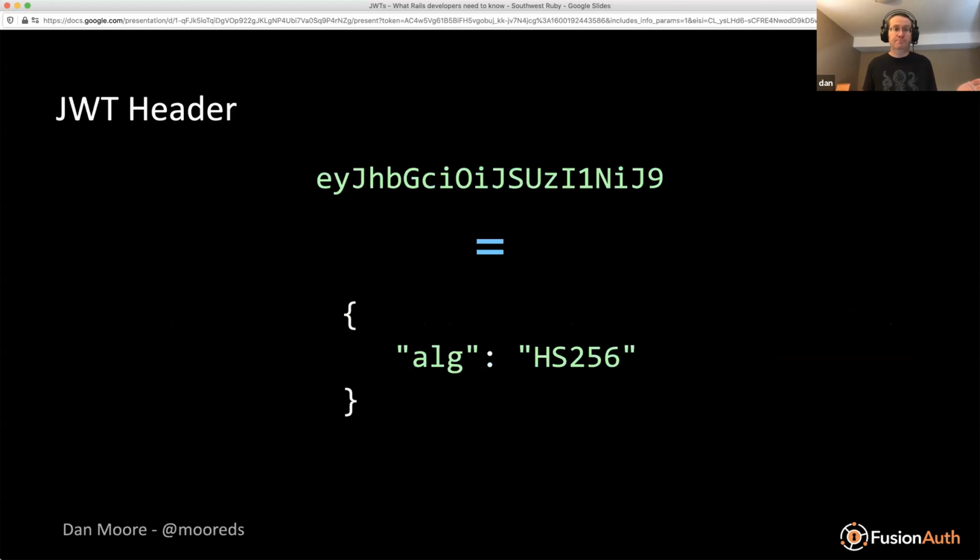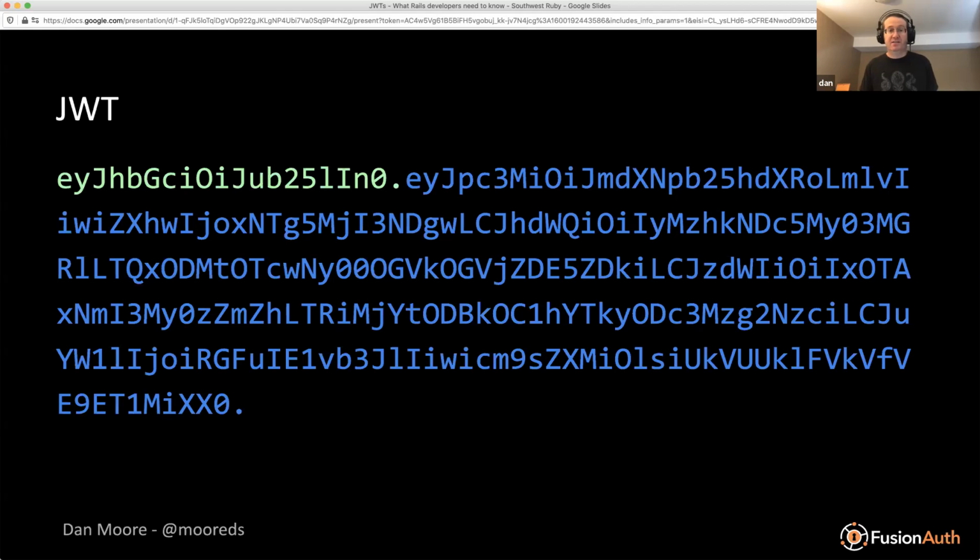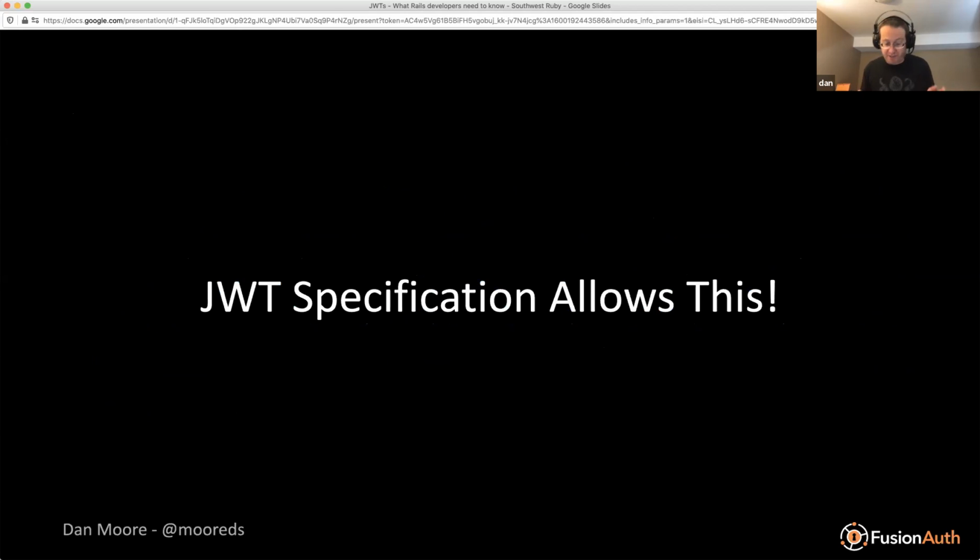So this is how it changes: we change the algorithm to none instead of HS256, and then we basically just base64 encode the payload. The JWT specification allows this, and this is worthy of an exclamation point. We really recommend that you don't do this.